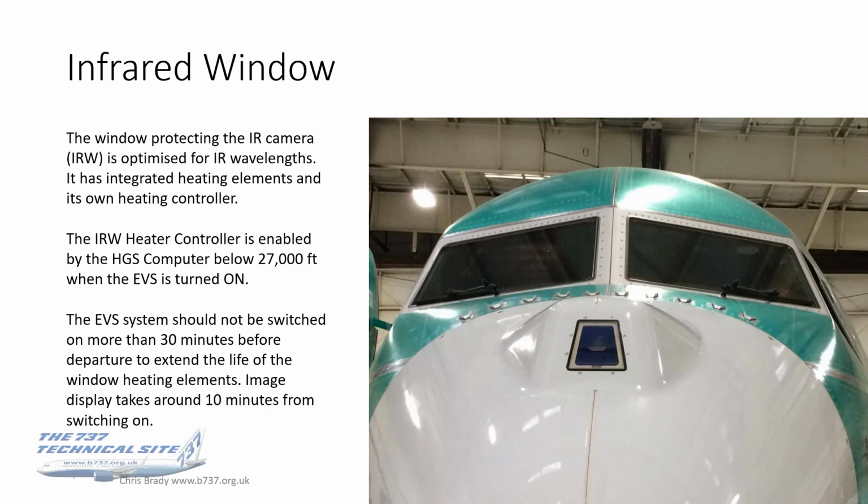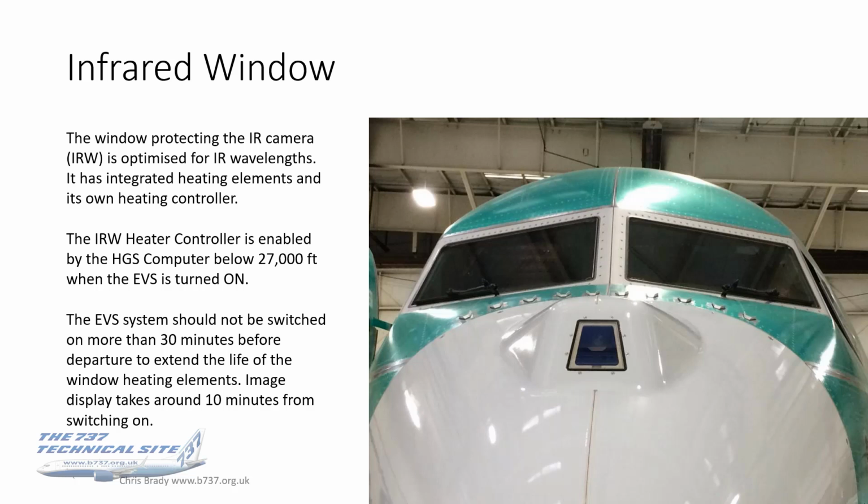It's a special one optimized for transmission of infrared wavelengths. It's got its own integrated heating elements and its own heating controller, because obviously, like any window, you don't want it icing up on you or misting up or what have you. And of course, being heated, it gives it a bit of flexibility and bird strike protection.